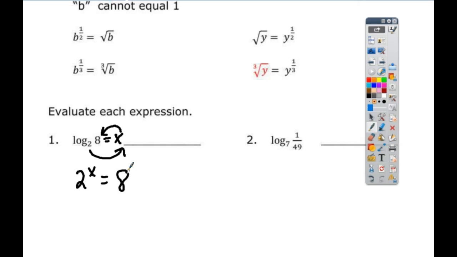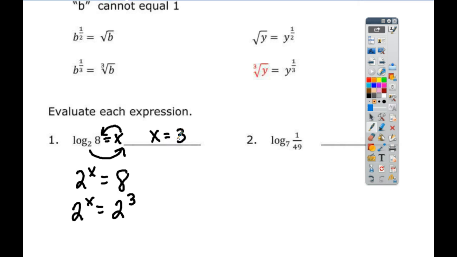If we get 2 to the x equals 8, how do I solve that? If we put this in a common base, since this is written with a 2, I want to write this with a 2 also. So 8 is 2 to what power? 3. So these are the same, so what does x equal? 3.